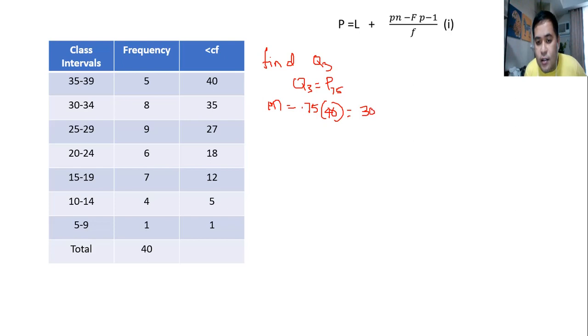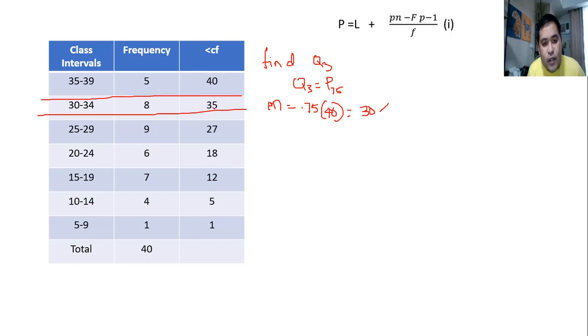So where is 30 in the cumulative frequency? From the cumulative frequency, it is very noticeable that it is in this particular cumulative frequency. So we put a demarcation line because 30 is found in this cumulative frequency.